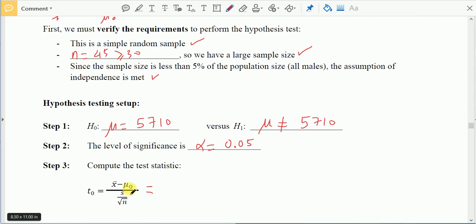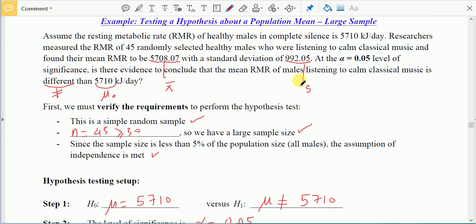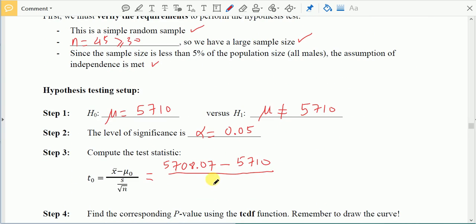So we have 5708.07 minus mu naught, and mu naught is the null hypothesis, which is this value, 5710, over S, the standard deviation, which here is 992.05, over the square root of n, which is 45.